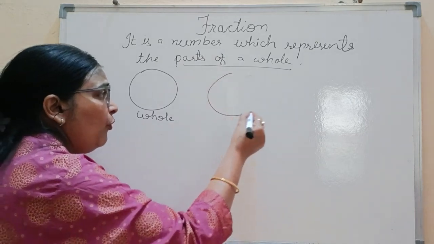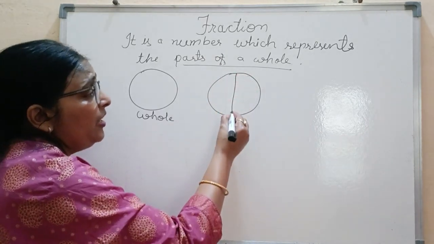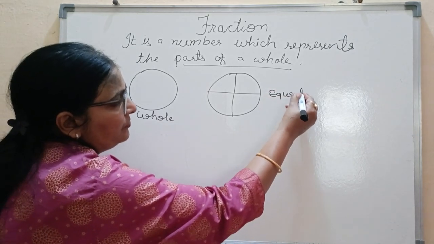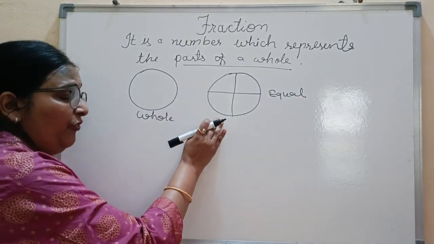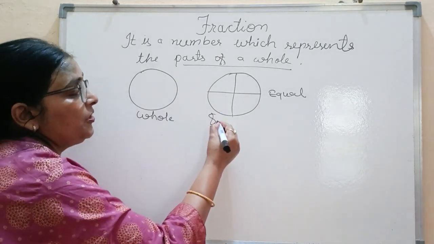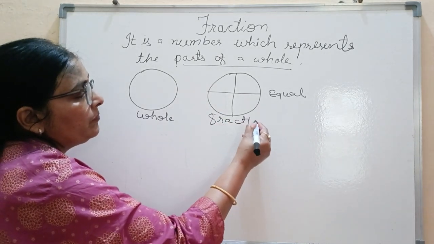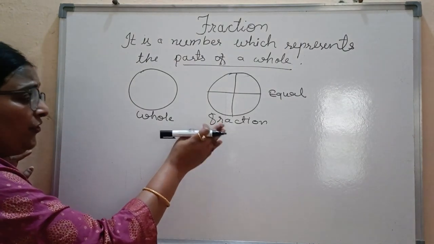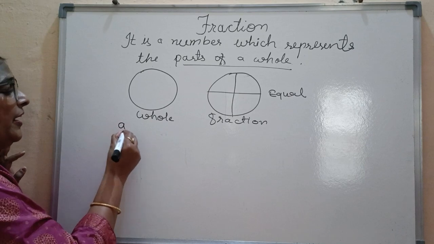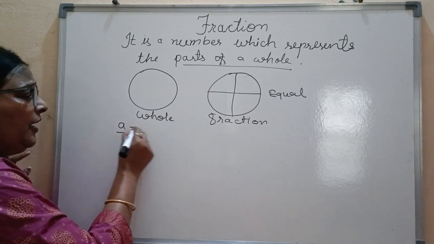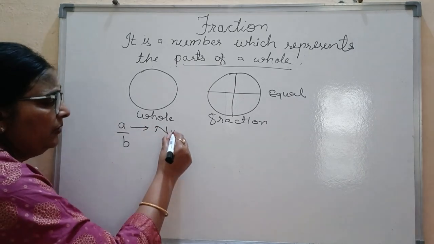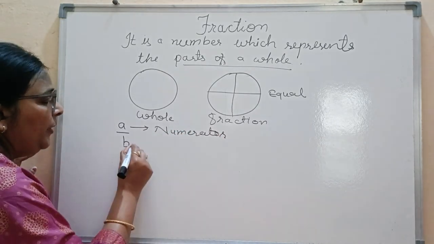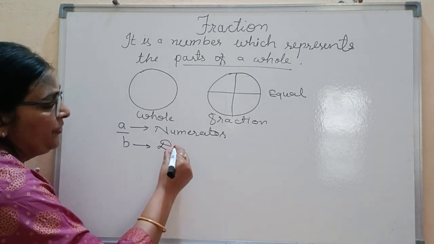If I make four equal parts of the same figure, then this figure represents a fraction. This fraction can be written in the form of A by B, where A is the numerator and B is the denominator.